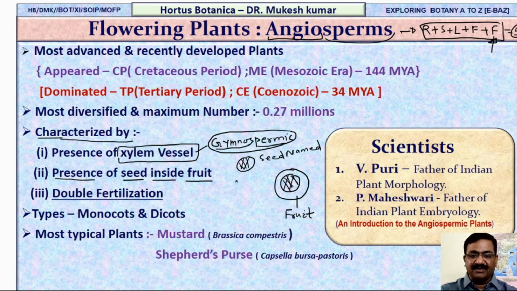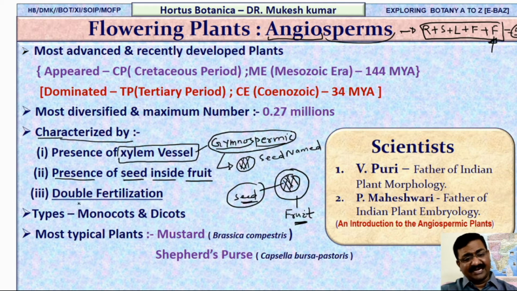But whenever you talk about the angiosperm, the seed is well covered by the fruit. So fruit is present, which encloses the seed as a protective covering. This is a very important characteristic feature of angiosperms.